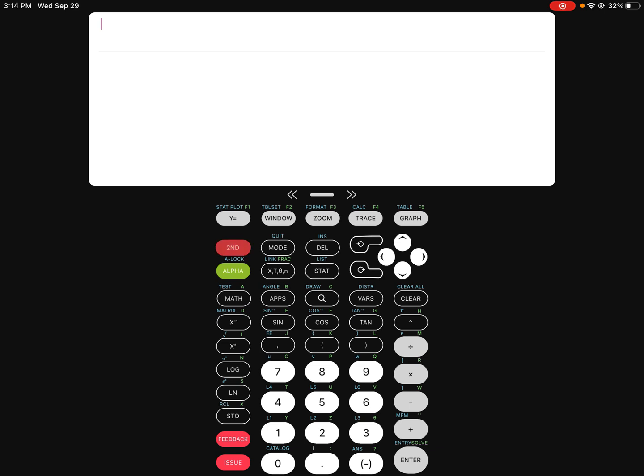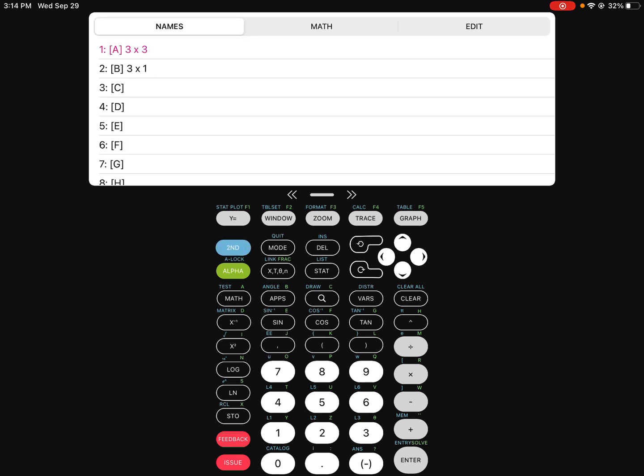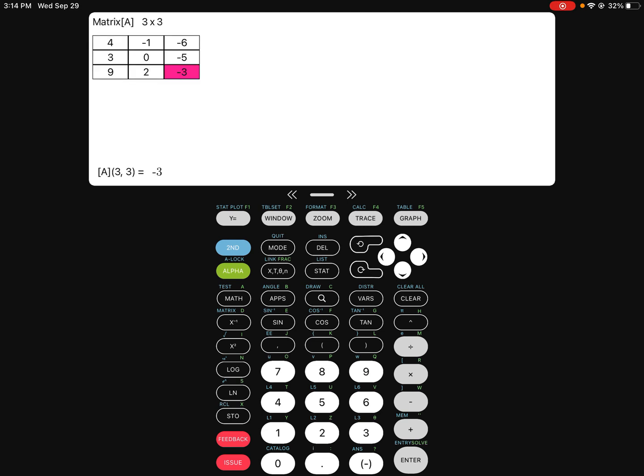Remember, we go to second matrix, go over to edit. Now I'm going to go back up to, you can just tap up there. This is a 3 by 4, so I need to type a 3 by 4, and then we're typing in our numbers.